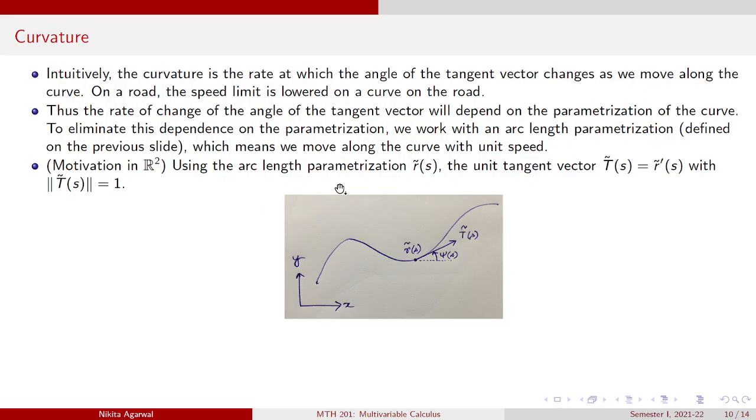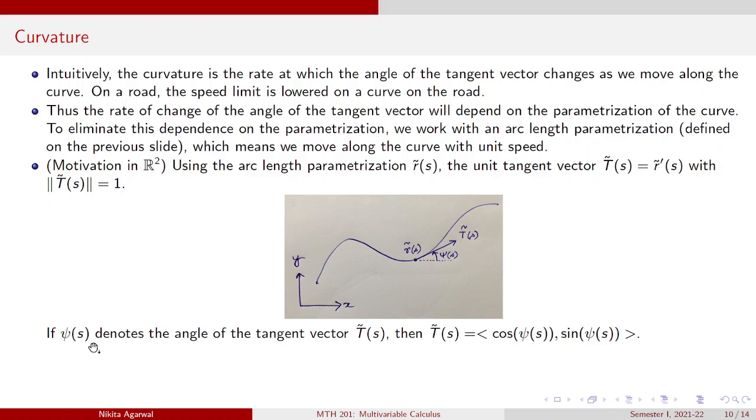Using the arc length parameterization r tilde(s), which we defined, the unit tangent vector T tilde(s) is nothing but r tilde prime(s). It's already unit; its norm is 1. Let psi(s) denote the angle of the tangent vector T tilde(s). You have this curve parameterized with respect to arc length s.